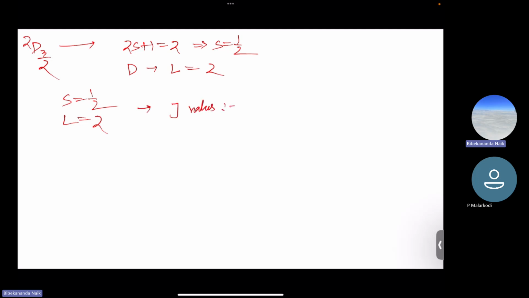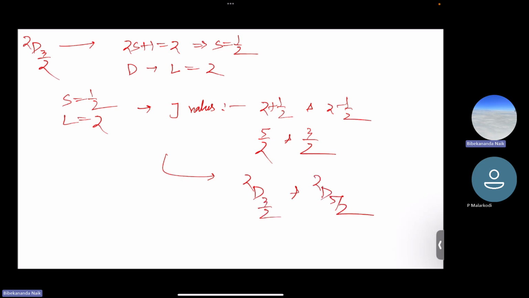J values will be 2 plus half and 2 minus half. So 2 plus half is 5 by 2 and 2 minus half is 3 by 2. And there are no other values between them. So the possible terms are 2D 3 by 2 and 2D 5 by 2. So 2D 3 by 2 is given in the option, so it is written correctly.